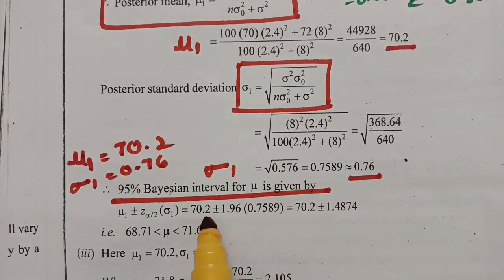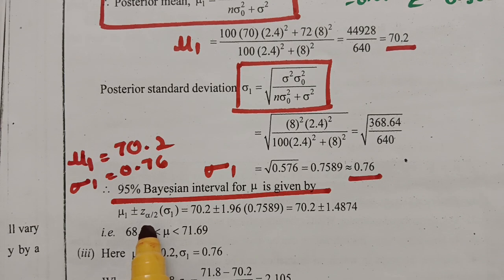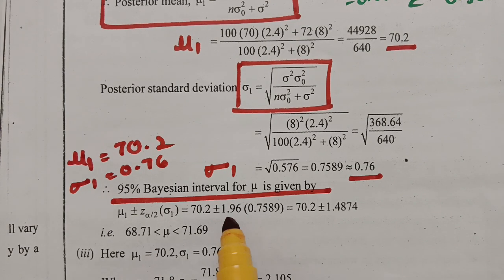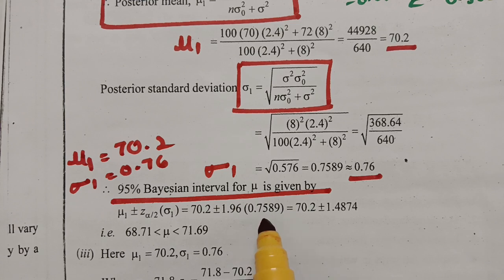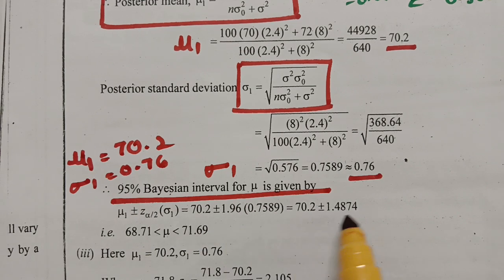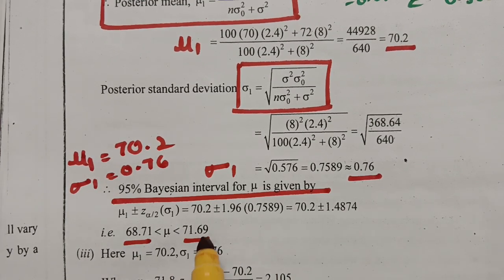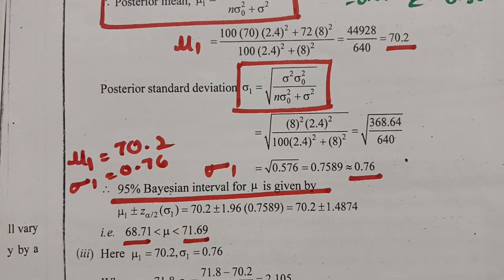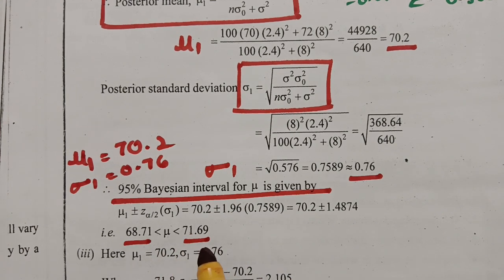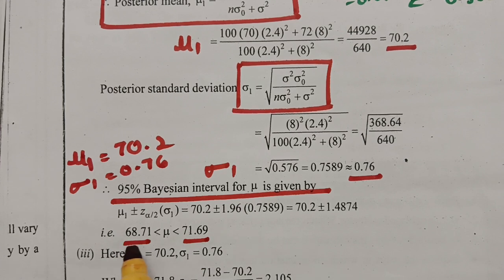So here, this is 70.2 plus or minus, for 95% confidence, z alpha by 2 value is equal to 1.96 into 0.7589. After multiplication we got 1.4874. If you subtract, we'll be getting 68.71. If you add, this is 71.69. So the Bayesian interval for 95% confidence is 68.71 till 71.69.